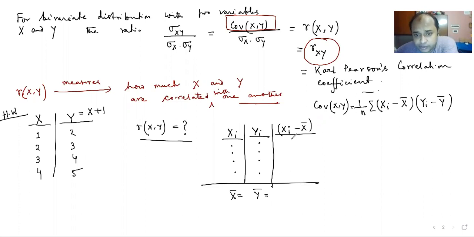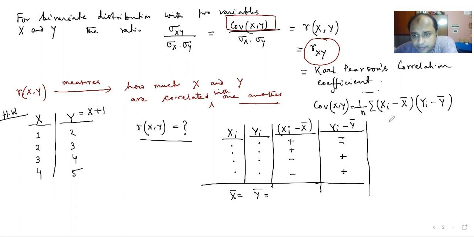Some values will be positive, some negative. A similar thing can be done for the variable yi. Some will be positive, some negative, or all of them can be positive or all negative. After this, you take the product of these two quantities, xi minus x bar and yi minus y bar.